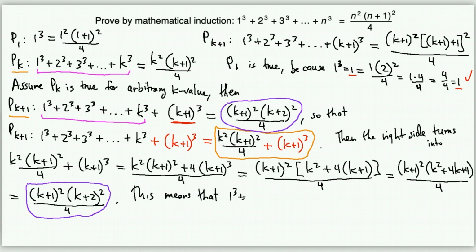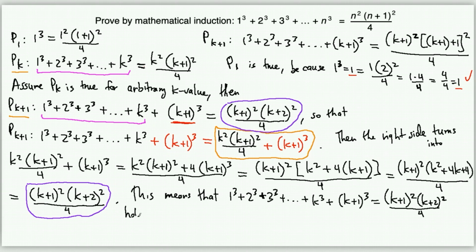We can say 1 to the third plus 2 to the third plus 3 to the third plus k to the third plus (k plus 1) to the third is equal to the transformed right side, which is (k plus 2) squared divided by 4. So this means that this statement holds true.